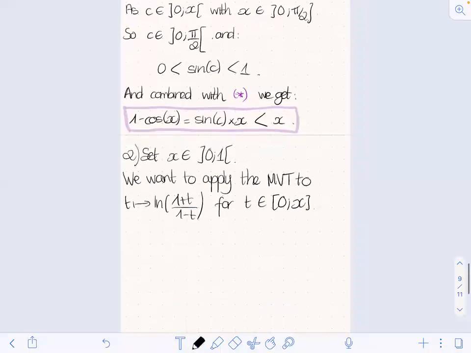Now, if we want to apply the mean value theorem, similarly to what we did above, we need to make sure that this function is well-defined, and then continuous and even differentiable on the areas that we're looking at. So what do we need to check if we want to analyze where this function is well-defined?